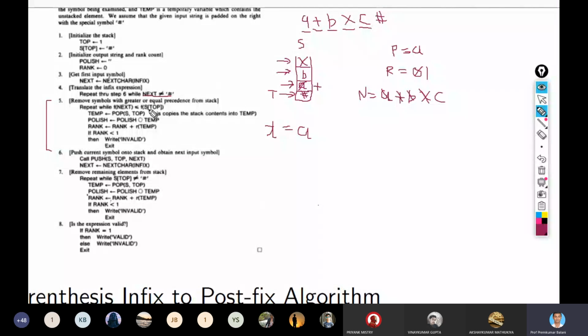Oh, here we have made a mistake. When it was multiplication, then for multiplication f of next equals 2 and top was 3. Yeah, see, we have made one mistake.